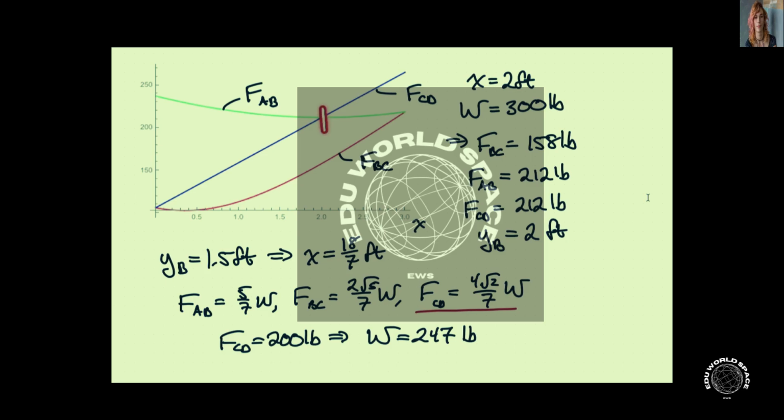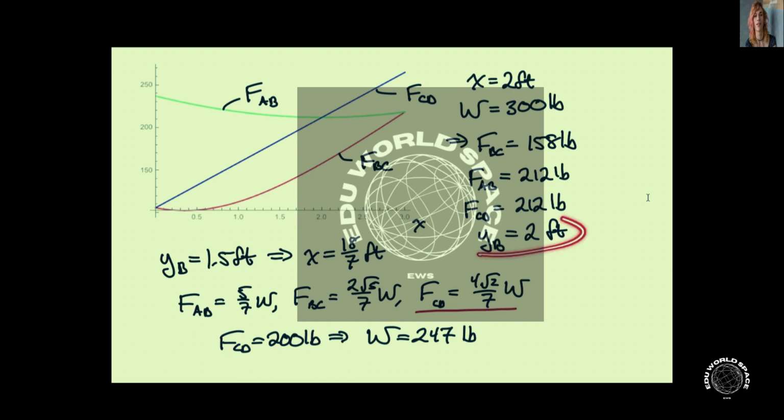I'm not sure, but they actually turn out to be equal right here at x equals 2. When x is less than 2, FAB is bigger than FCD, and when x is greater than 2, FCD is greater than FAB. But at x equals 2, FBC is 158 pounds, and FAB and FCD are both 212 pounds.